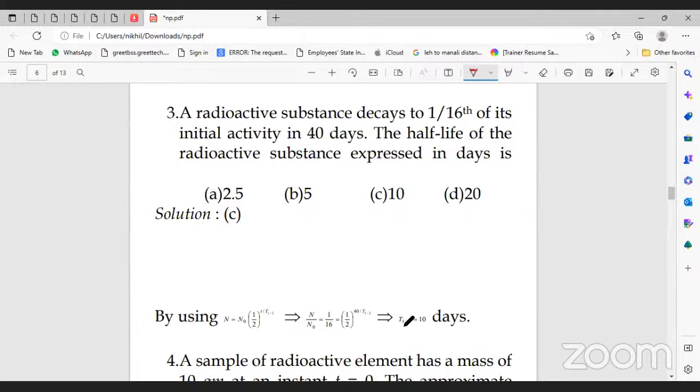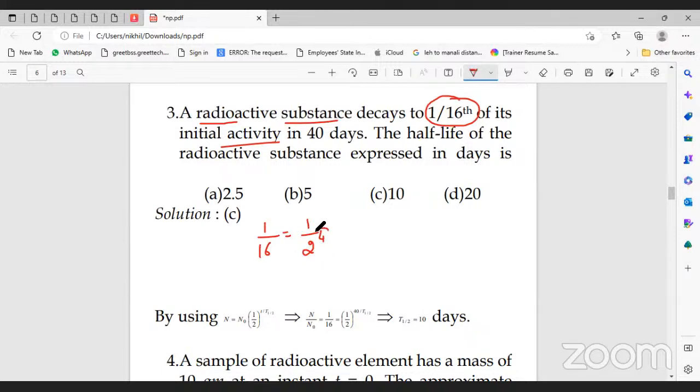Consider this problem. There is a radioactive substance that decays to 1/16th of its initial activity. Look at this, 1/16. 1/16 can be considered as 1/2 power 4. 2 to the 4, 4 to the 8, 8 to the 16. 2 power 4 will be 16, right?